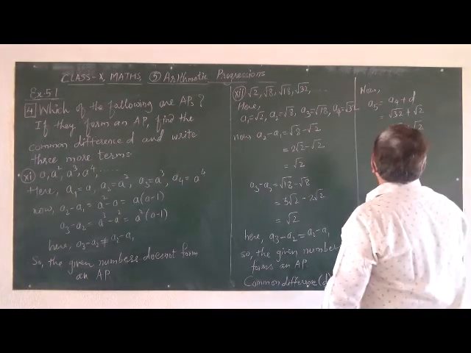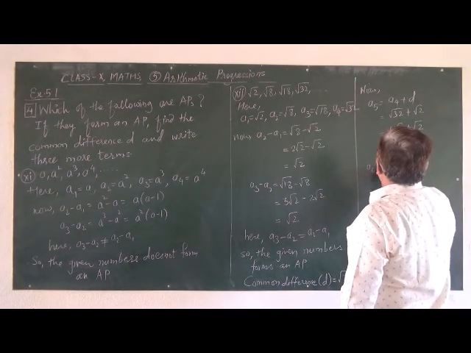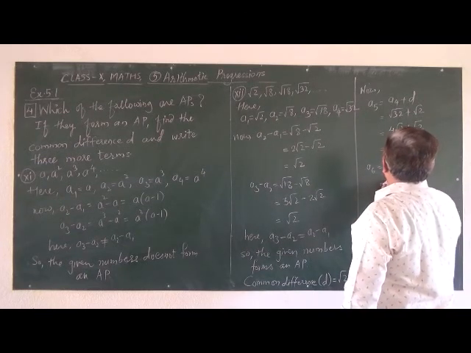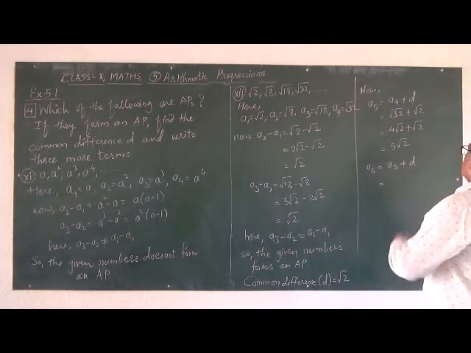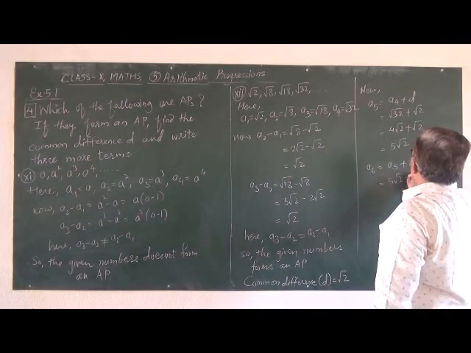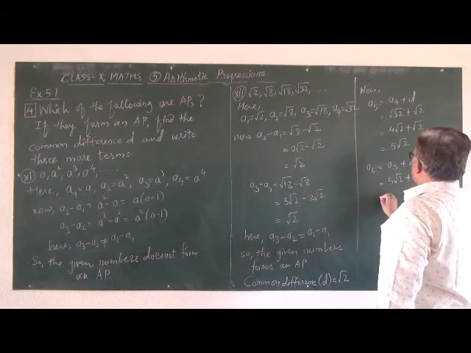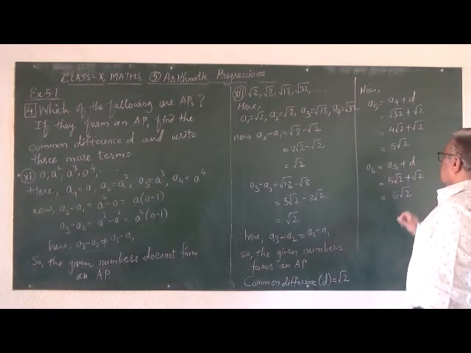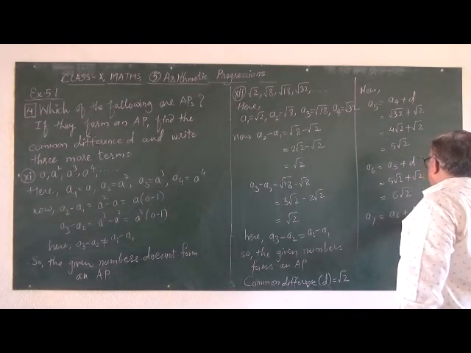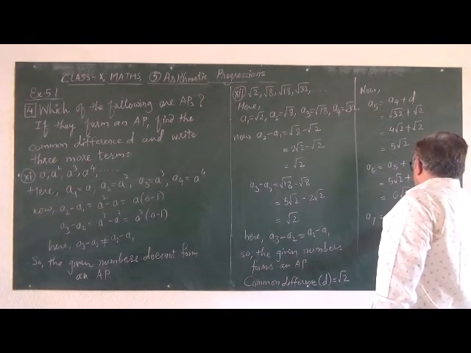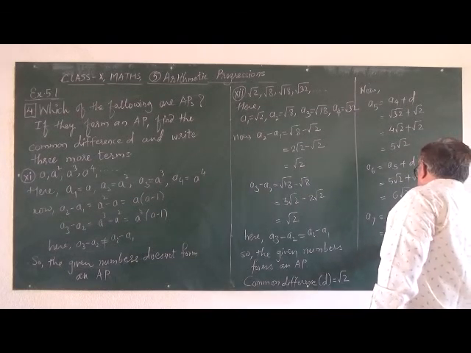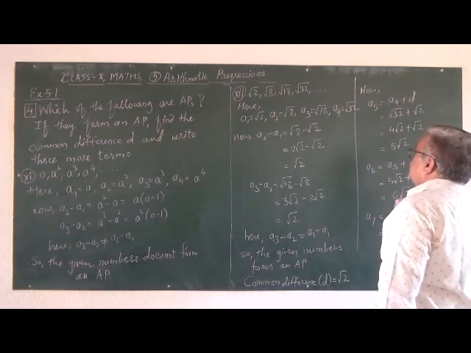Then A6 is A5 plus D. So 5 root 2 plus D is nothing but 6 root 2, and the 7th term is A6 plus D. So A6 is 6 root 2 plus root 2, and that is 7 root 2.